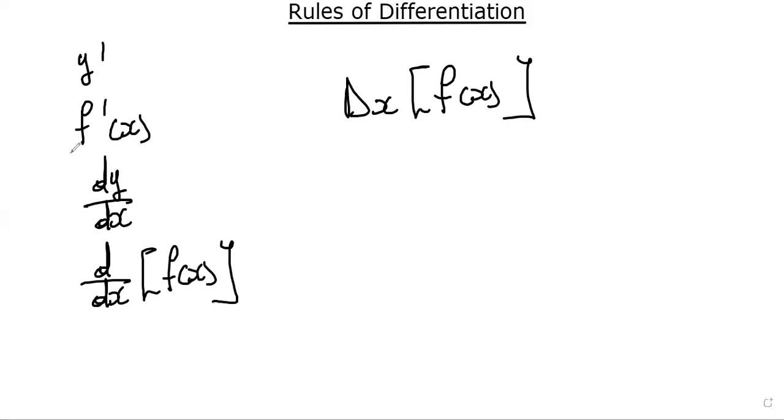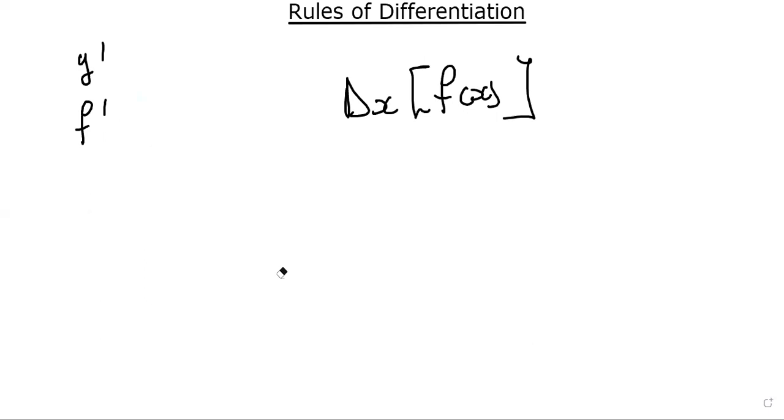Now, what you need to know is that we actually have one rule for differentiation. And considering how young you are, we don't really have a name for it. But when you grow old, when you get to university, you learn that we actually call it the power rule. So this is what it says.